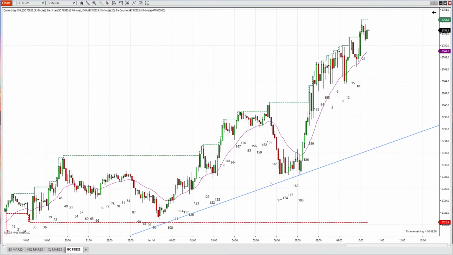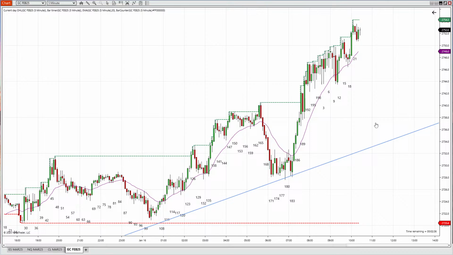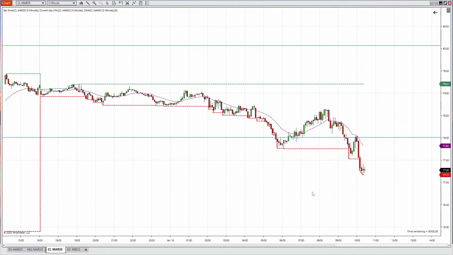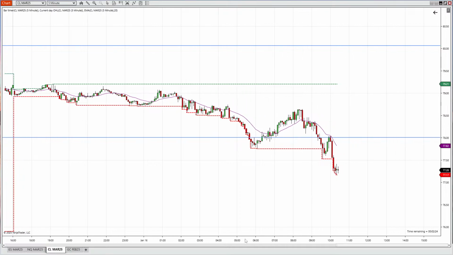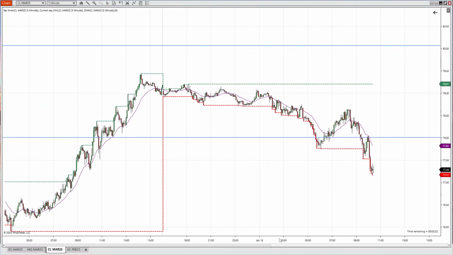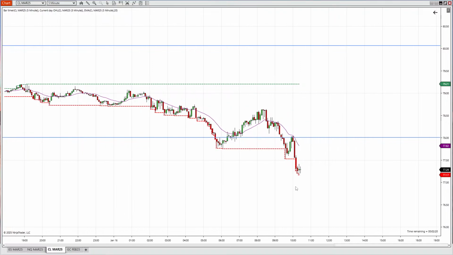Let's check some other charts. For gold, it's kind of way up there. It's not really where I want to buy it, at least not for a day trade. Crude Light is continuing to be bearish. It's pretty steep.